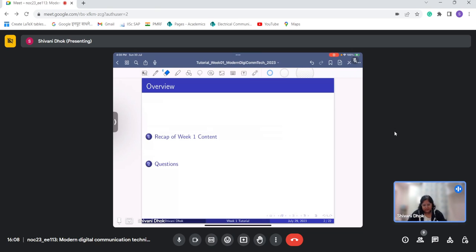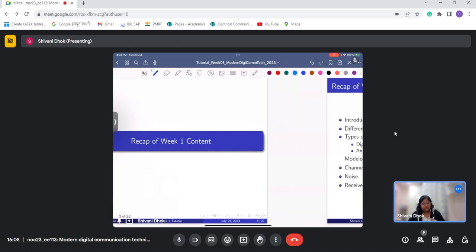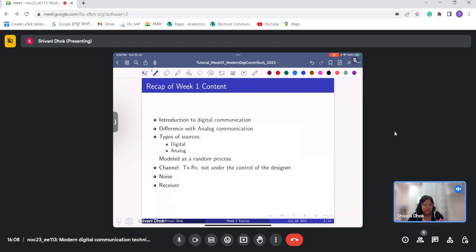So let's start with week one's recap. As I mentioned earlier, week one was completely introductory. All the lectures were introductory: what is digital communication, and what is the basic difference between analog communication and digital communication. They started by mentioning what happens in analog communication.